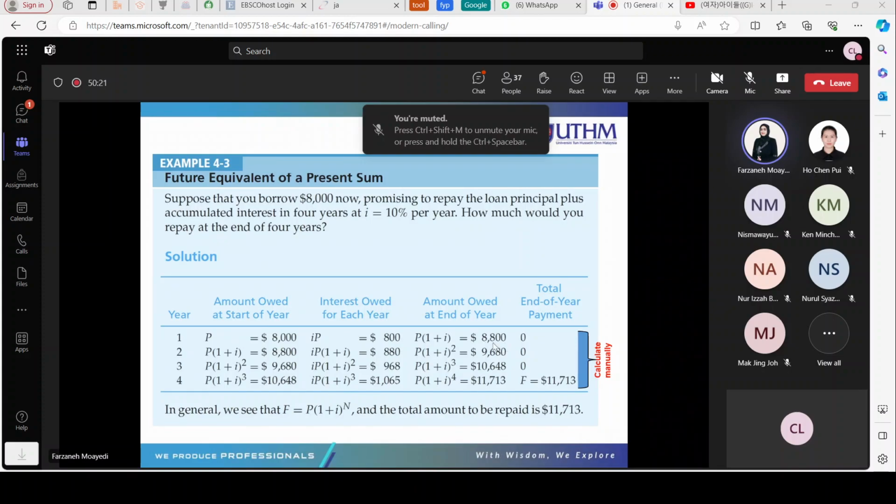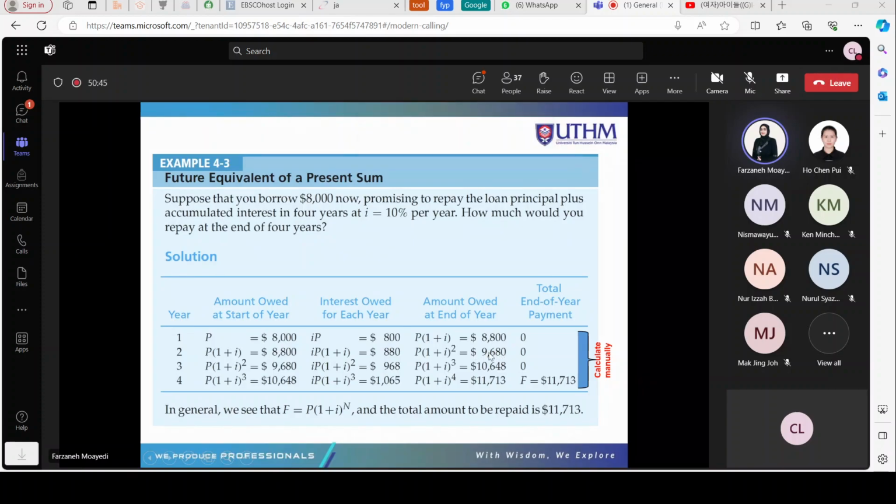So 8,800 is going to be the new principal for the second year. So again, 10% of the 8,800 is going to be 880. So 880 plus the initial 8,800 is going to end up with 9,680. So now 9,680 is again the new principal for the following third year.